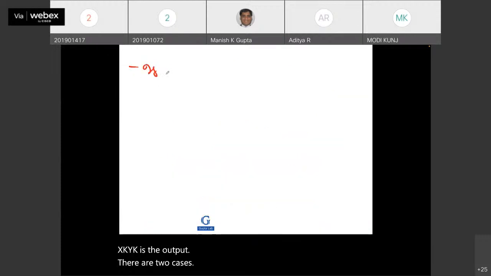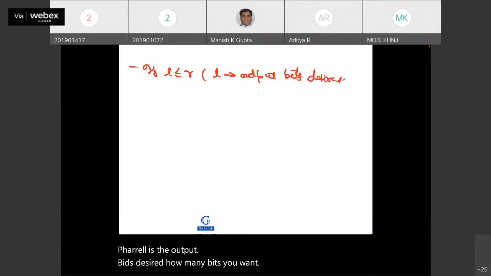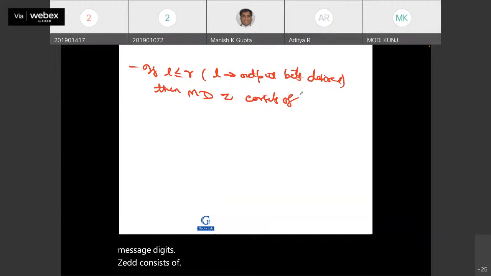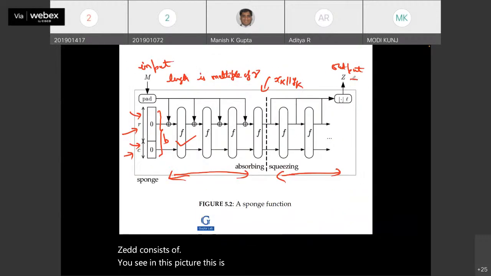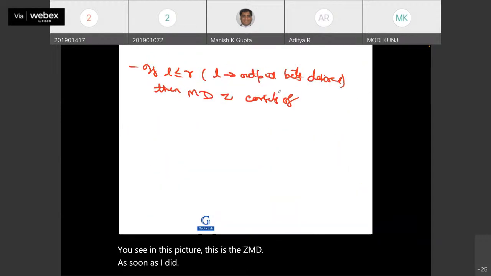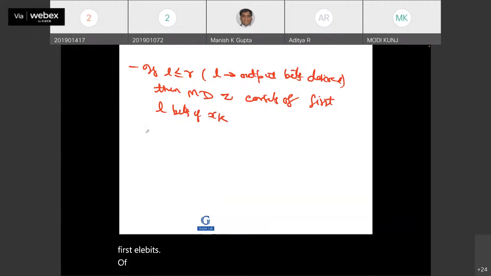L is the number of output bits desired, how many bits you want. If L is less than or equal to R, then the message digest Z, you see in this picture, the Z MD, consists of the first L bits of Xk.